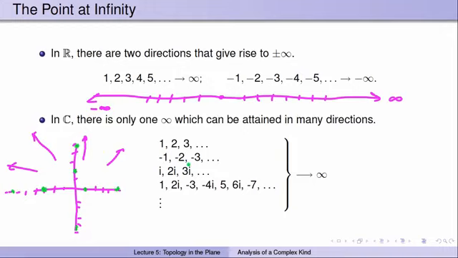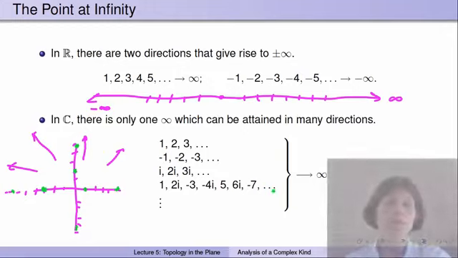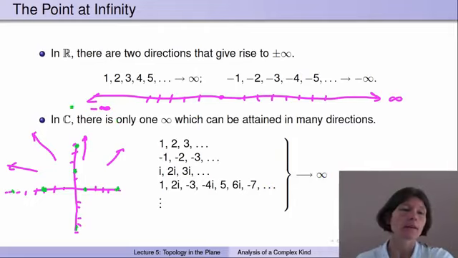So this sequence would also run off towards infinity because it leaves any bounded set. So as soon as you leave any bounded set, we're going toward infinity. So infinity is sort of all out here, outside of large disks, we're getting closer and closer to infinity, no matter in which direction I go.